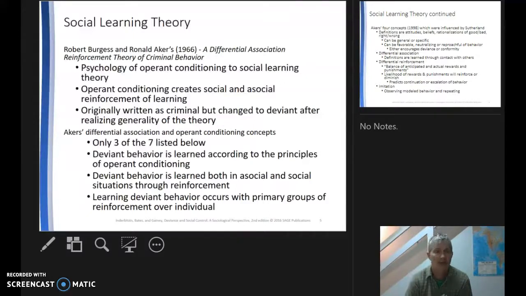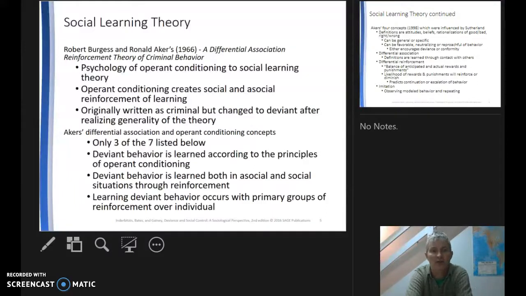Where Akers' differential association and operant conditioning marry up to Sutherland's theories are in 3 of the 7 areas listed below. So deviant behavior is learned according to the principles of operant conditioning.